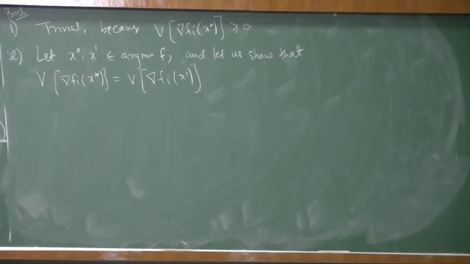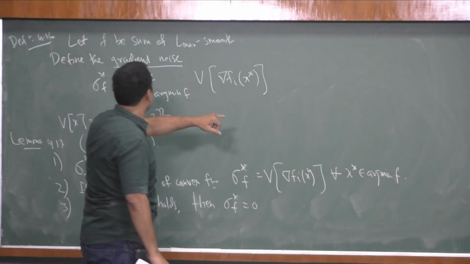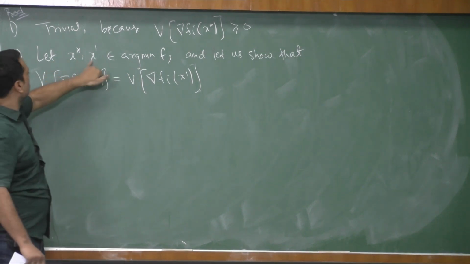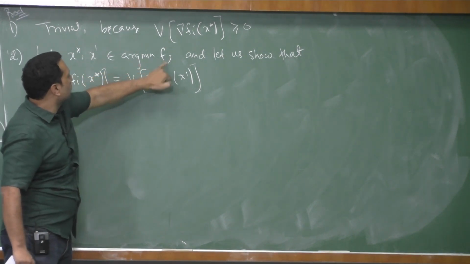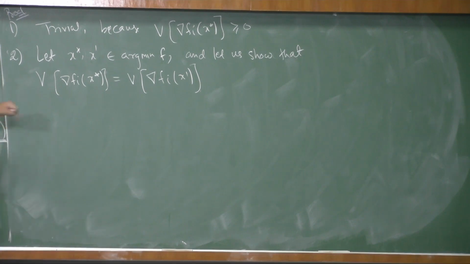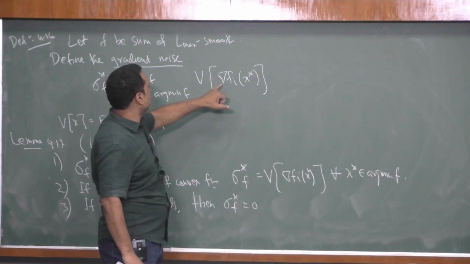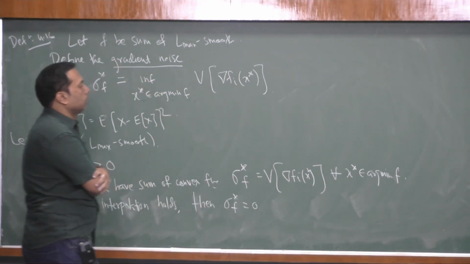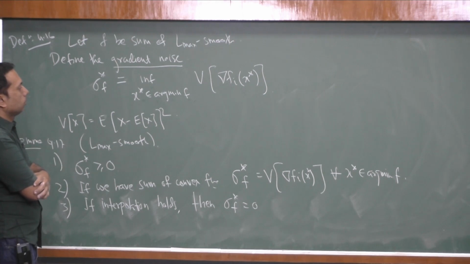What is important to note is that x star and x prime, what we have assumed here, are argmin of f, not fi. So this x star and x prime are the minimizers of f, and what we are trying to claim is that the variance of the grad fi at x star and x prime are the same.